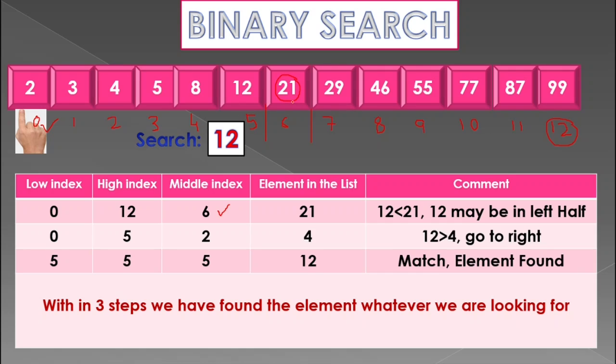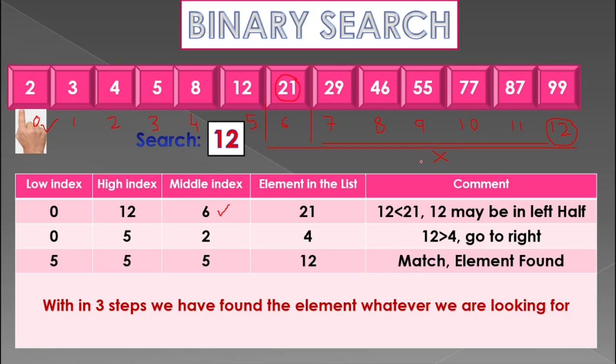One thing for sure, whenever I compare 12 with 21, my element is not going to be available in this location or in this part, the upper half. There is no need to check these locations; this complete part can be skipped.